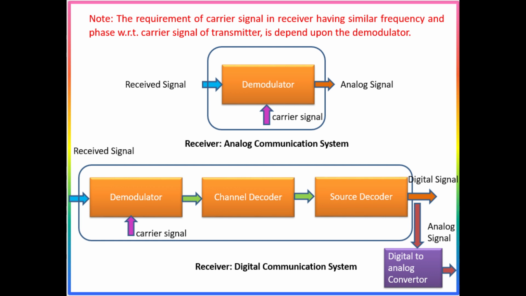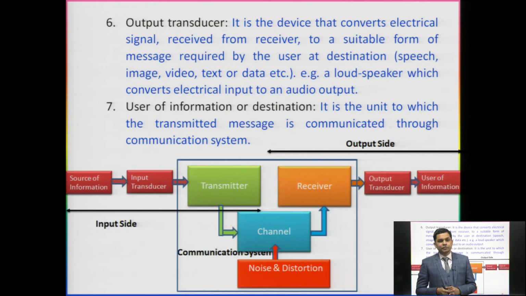And another part, if we want to process the output in the form of analog form, then this digital signal is converted into an analog signal by using a digital to analog converter. We take the output transducer.